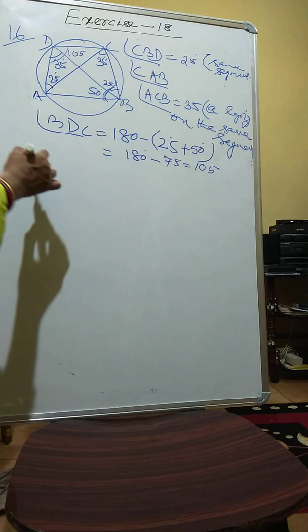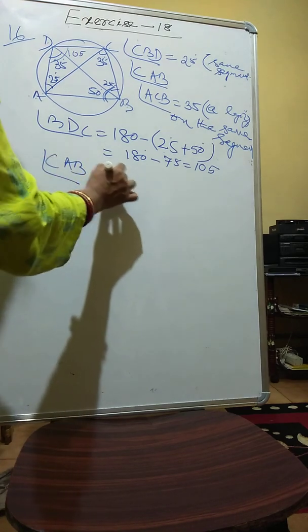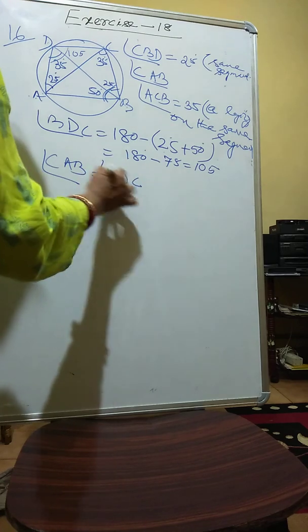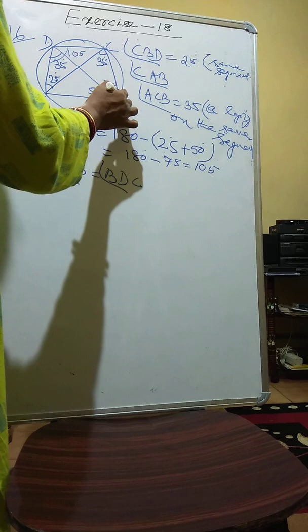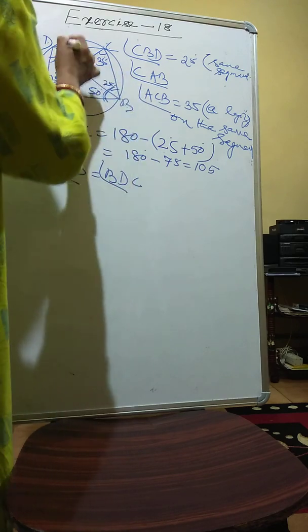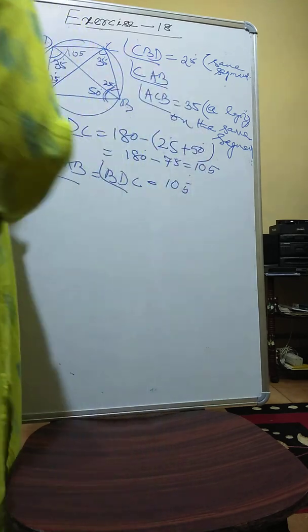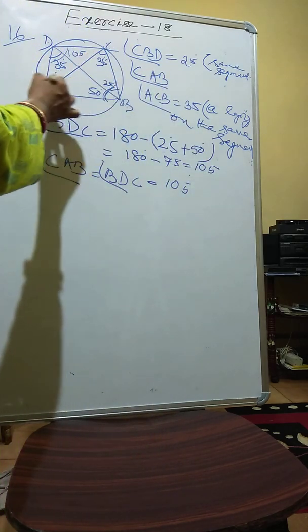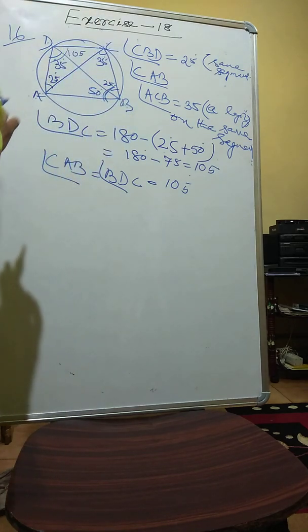Then, CAB is equal to BDC, that is 105 degrees, lying in the same segment. This angle is equal to this angle, hence finished.